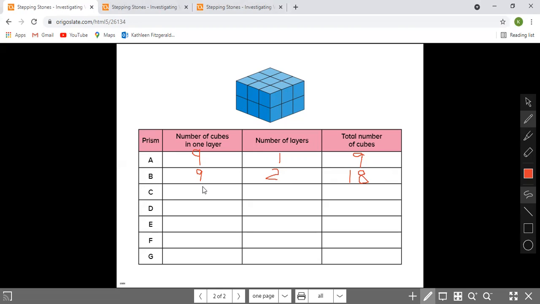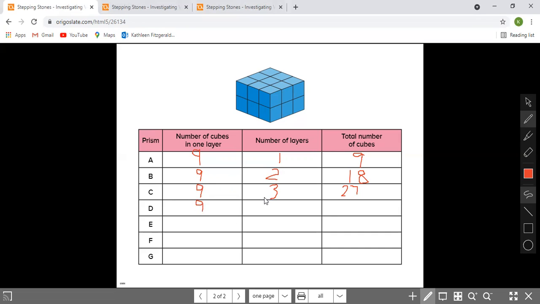If we were to keep building it, we would still have 9 on the base with 3 rows, and 3 9s are 27. And I'll do one more because we did do a lot of these yesterday.